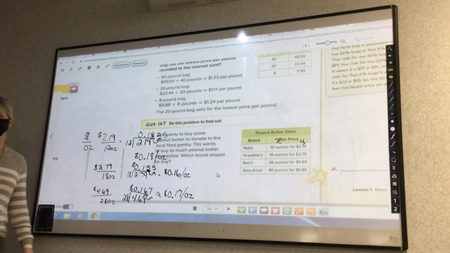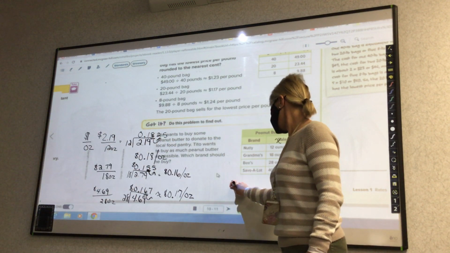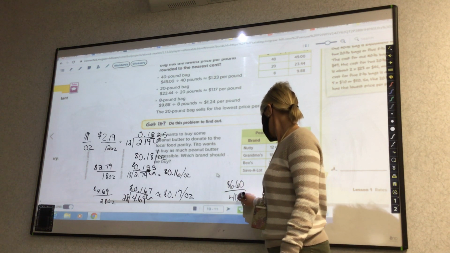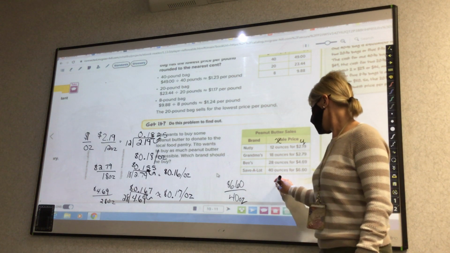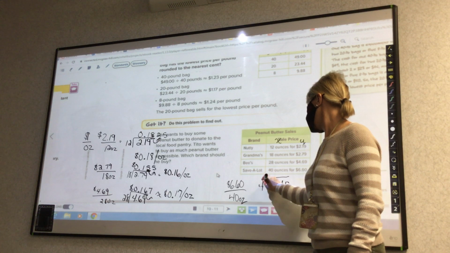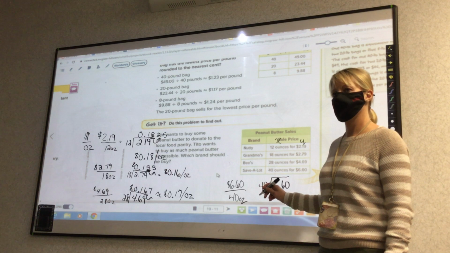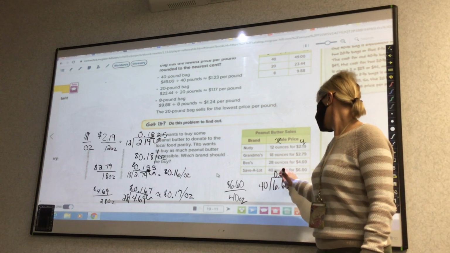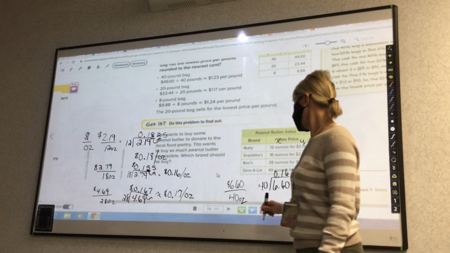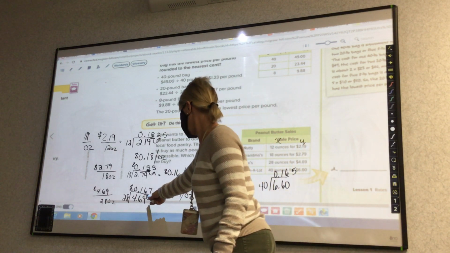Let's try Save a Lot. I always try to go to Save a Lot thinking I'm saving money. So I do $6.60 over 40 ounces. Please take $6.60. Gracie, you can tell me. 0.165. Okay. There's a good reason why we kept our answer here.